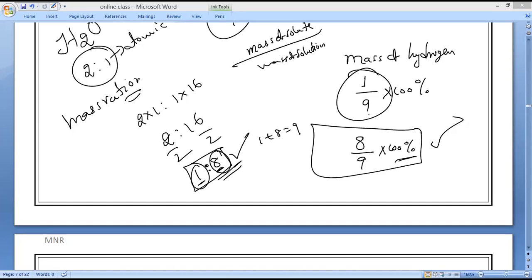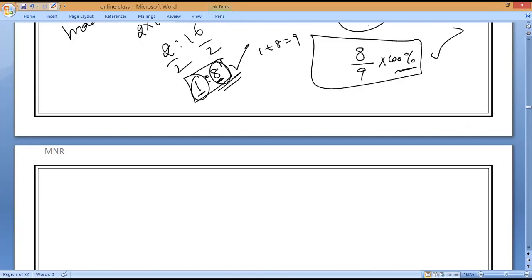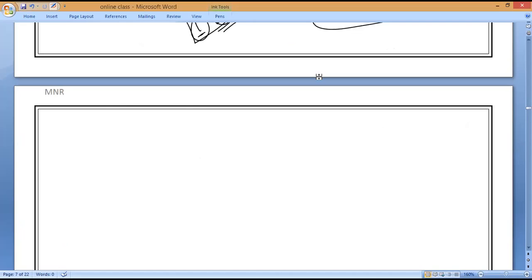Atoms are indivisible. Is it true or not? Yes or no? But it is wrong. So that is the disadvantage, or we can say drawback. Very, very important, guys. So please write the drawbacks of Dalton's theory.